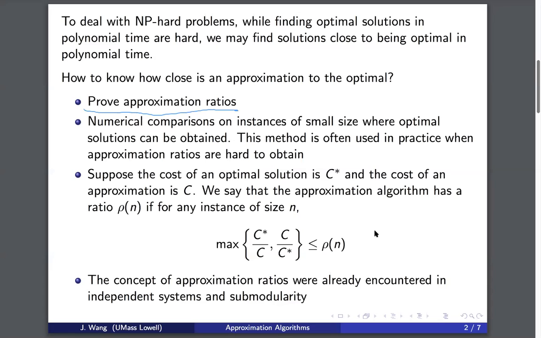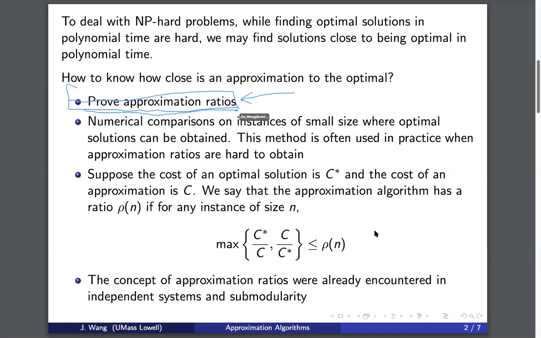So these two approaches have been used in research, but for us, because we are in an algorithm class, we are more interested in this approach. So how can we come up with a proven approximation ratio for the algorithms we design? Okay, but this is not always possible.